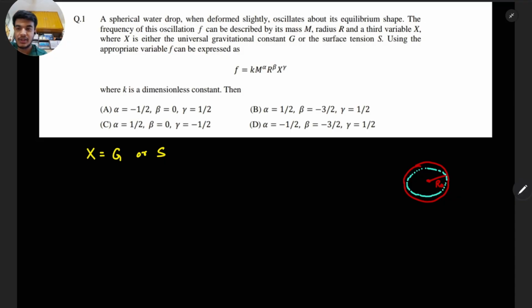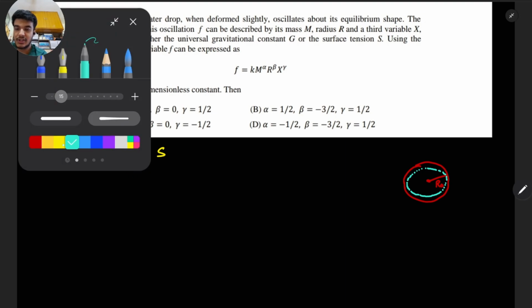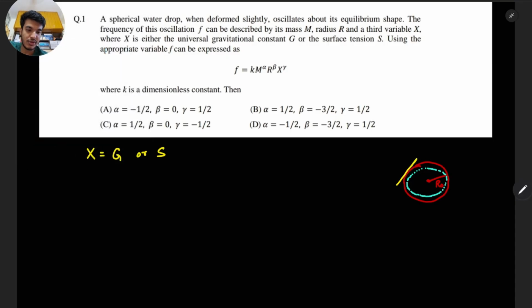We all know that this water droplet exists in the air, so there are 2 surfaces basically, the air surface and the water inside the drop. So this surface right here has a surface tension, which is T, let's say, and this surface also has a surface tension T, right?